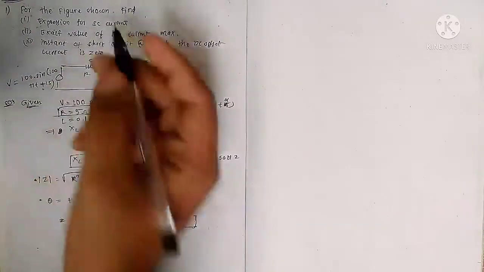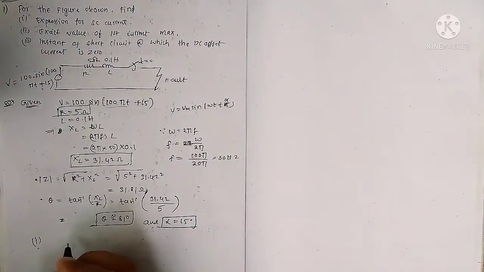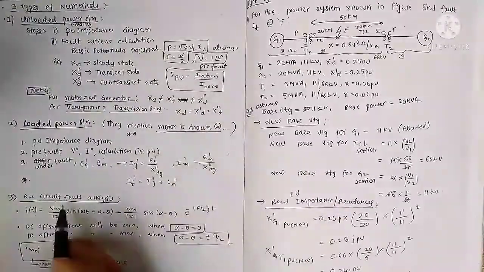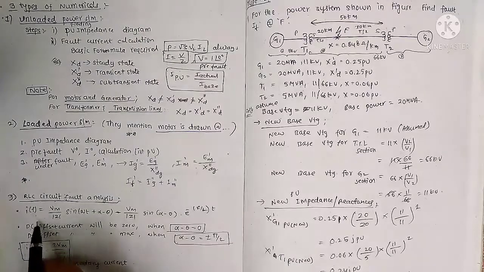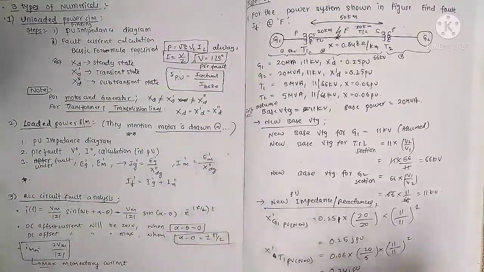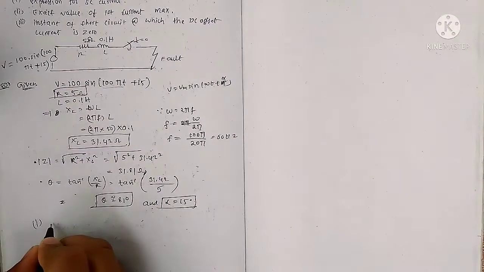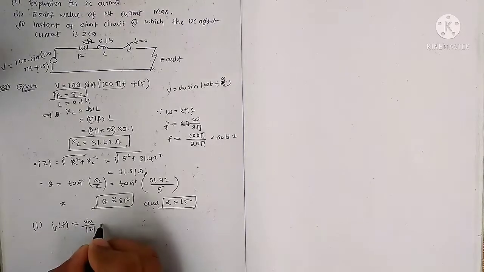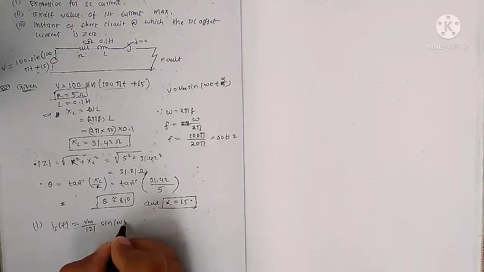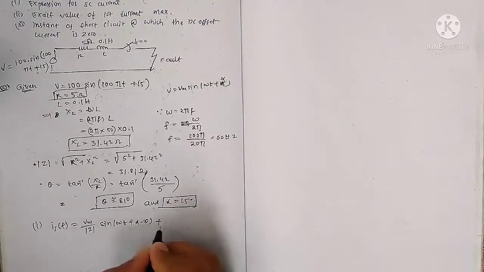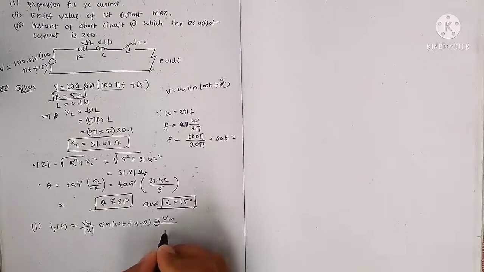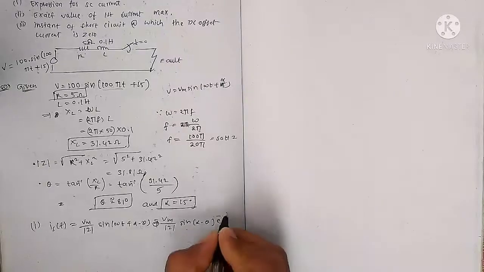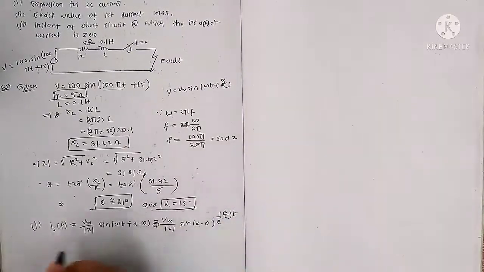Now we need to find the expression for AC current. First we know the equation for RL circuit fault analysis. The current equation is i of t equal to Vm by magnitude Z sine(omega t plus alpha minus theta) minus Vm by magnitude Z sine(alpha minus theta) into e raised to minus R by L into t.